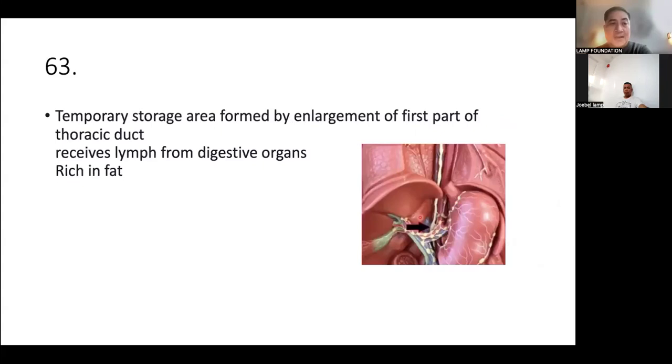Okay. Temporary storage area formed by enlargement of the first part of the thoracic duct. It receives lymph from digestive organs this time. It is rich in fat. Cisterna chyli.